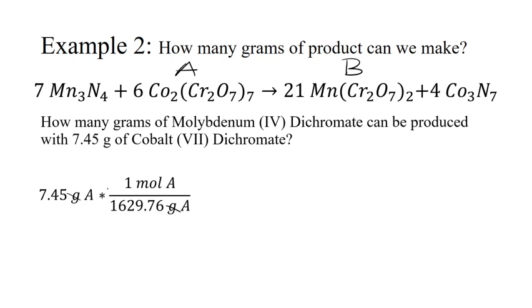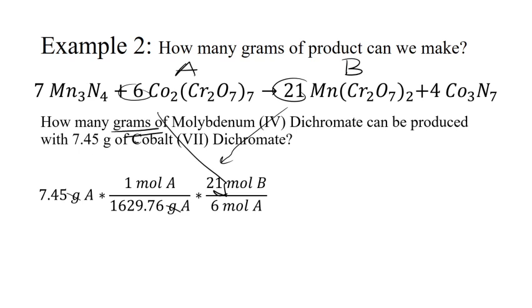We come to the mole-to-mole ratio step, where we take the balancing numbers, B over A, 21 moles of B, 6 moles of A, mole ratio. Then we need to convert to our desired unit, which the question asked how many grams. So we're converting from moles to grams.